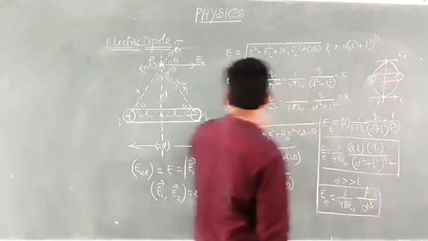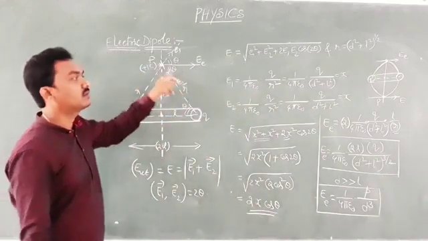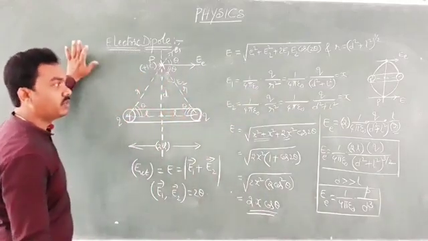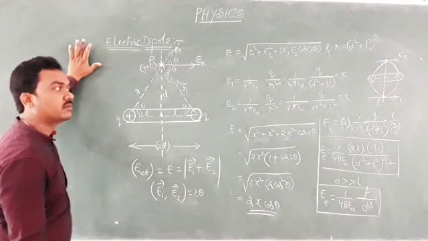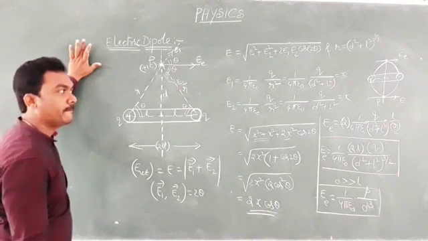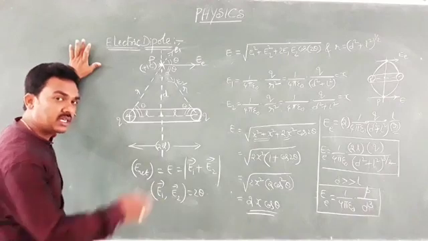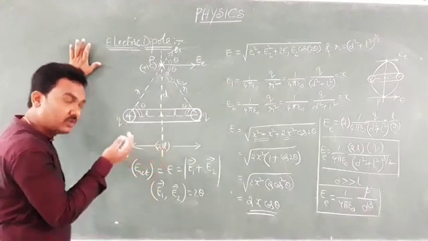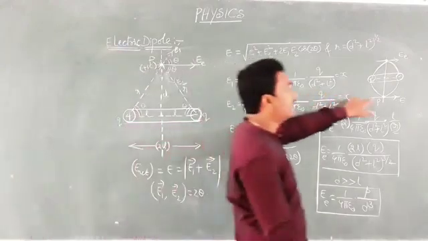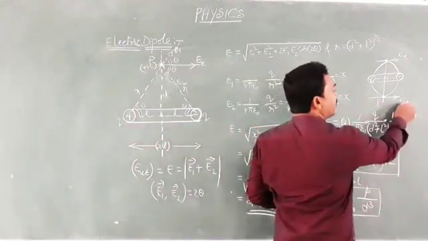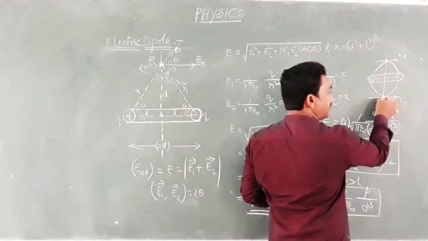This is very, very important. Of course, it is anti-parallel to the dipole moment, because the dipole moment is directed from negative to positive, but the field intensity on the equatorial line is directed from positive to negative tangentially.